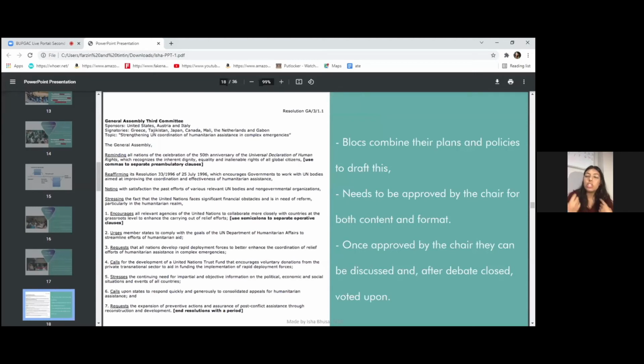But just remember, draft resolutions can be discussed and changed upon the approval of sponsors or not. Everything is done by voting procedures. Once the DR has been discussed, questions have been asked to the sponsor, and the chairs have approved and signed it, we move towards the voting procedures. The next slide, please.